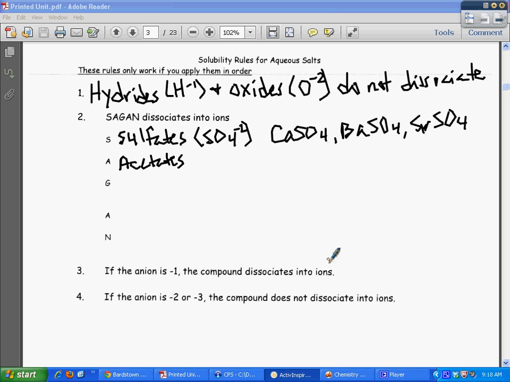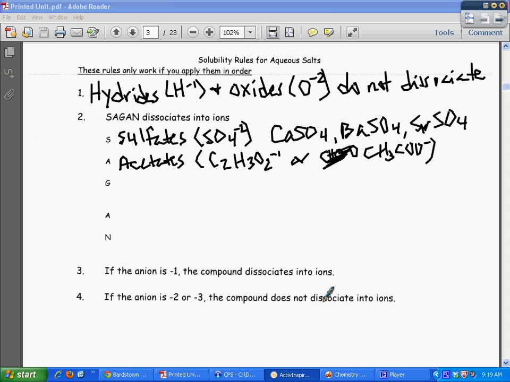The A stands for acetates. The acetate ion is C2H3O2 minus 1, or you can write it as CH3COO minus. Any salt containing the acetate ion is soluble.